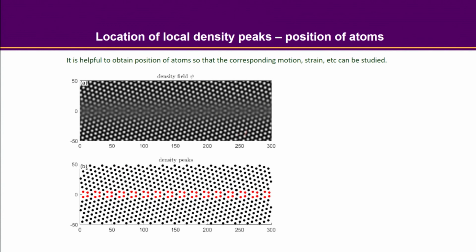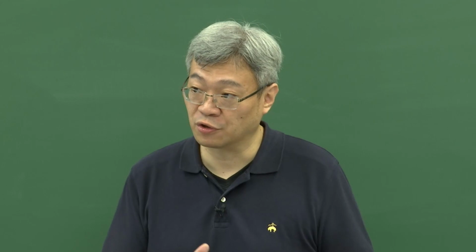But sometimes really getting the location of these density peaks, which means the positions of atoms, could be useful, because during this kind of deformation, one might be interested in plasticity formation, or to try to track how the atom moves subject to stress, right? Or you want to evaluate the local strain.